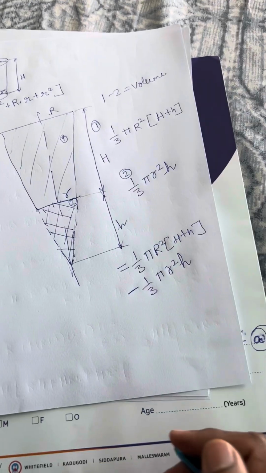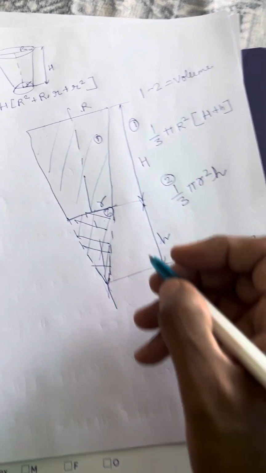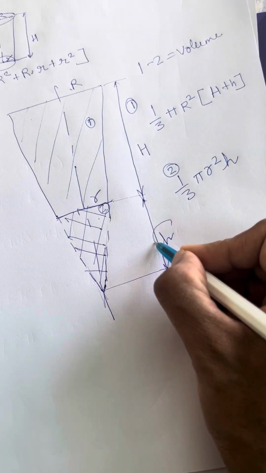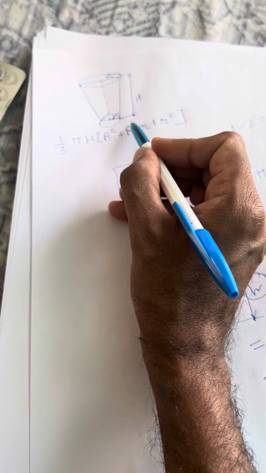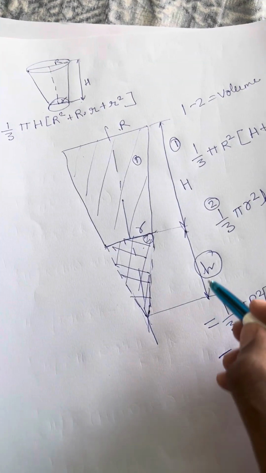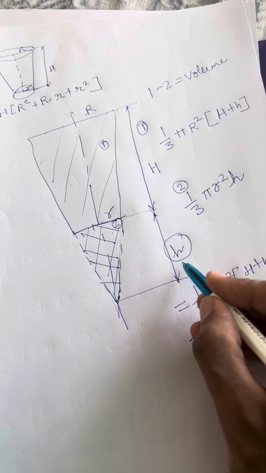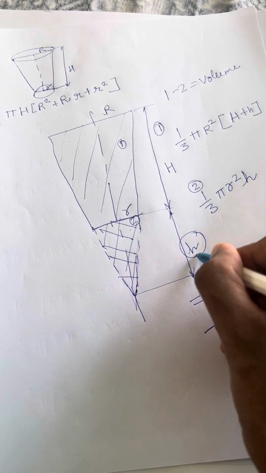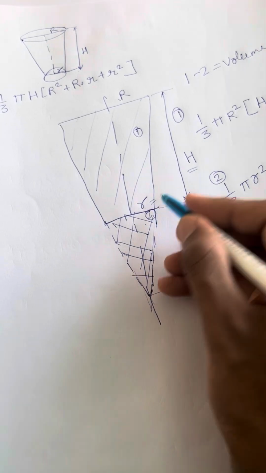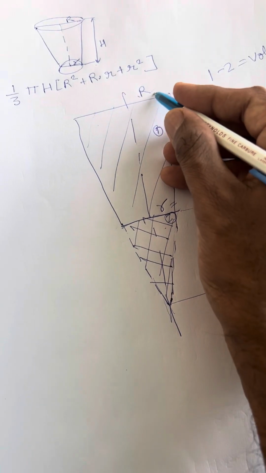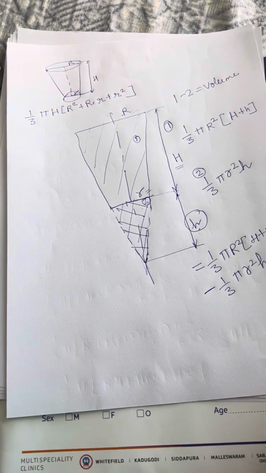Simple. But this h does not exist in our problem statement. I need to define this h in relation to the parameters that we have, which is this, and this. How do I do it?